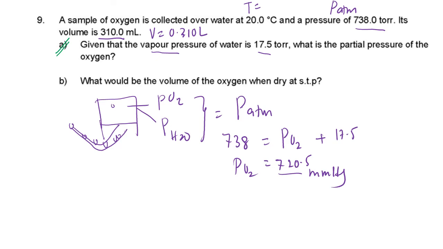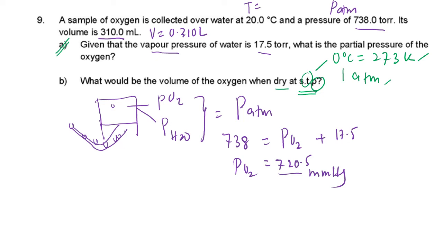Next, what would be the volume of oxygen when it is dry at STP? What is the condition at STP? Standard temperature is 0 degrees Celsius, which is 273 Kelvin, and pressure is 1 atm. This is the standard temperature and pressure.